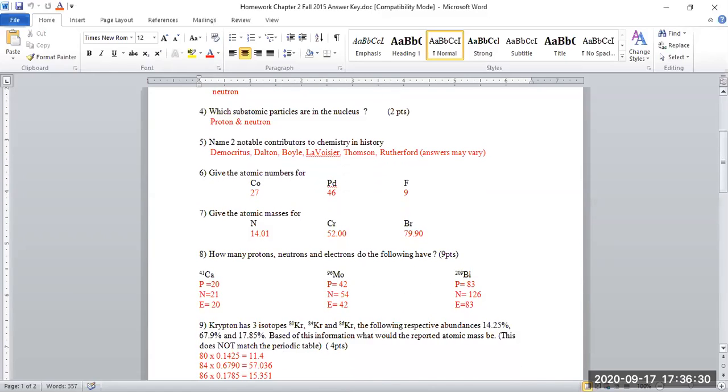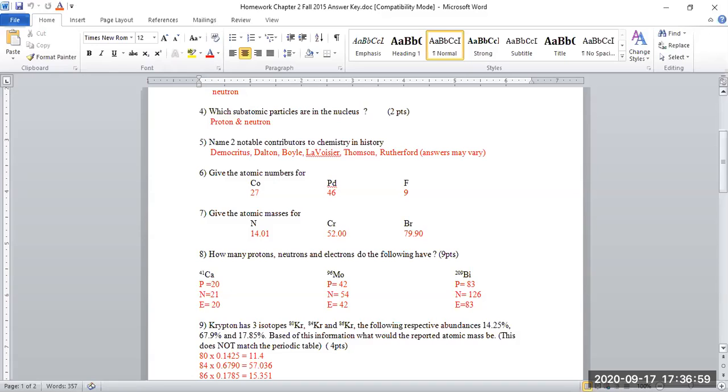Atomic numbers. Remember that atomic numbers are your whole numbers. It's also the number that controls where the element is placed on the periodic table. Hydrogen being 1, helium being 2, and then you skip down to the next line, and it starts with lithium and keeps on going. So cobalt 27, palladium 46, fluorine 9.